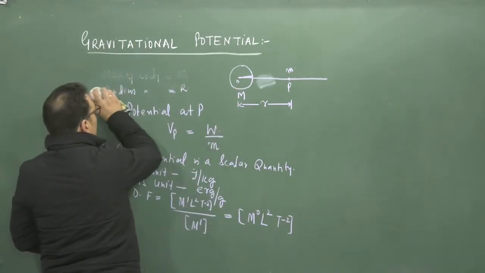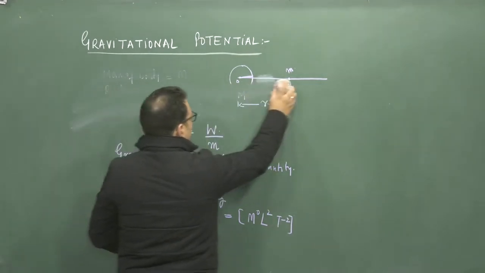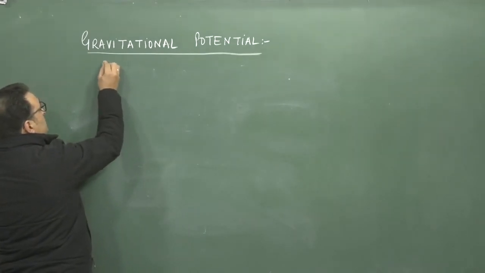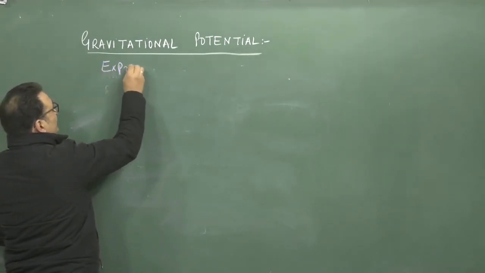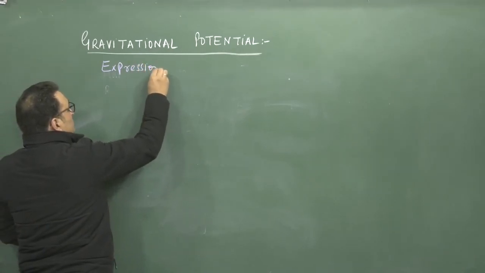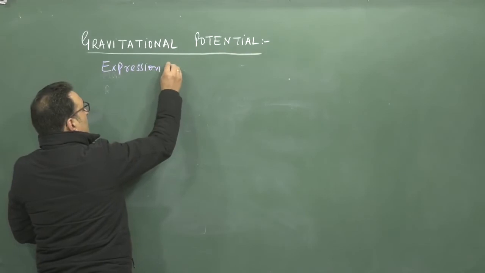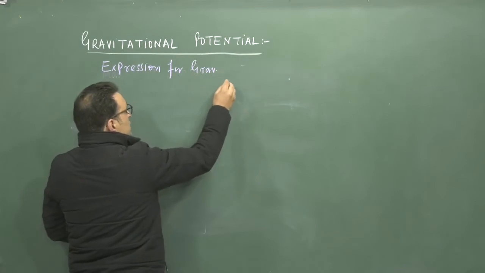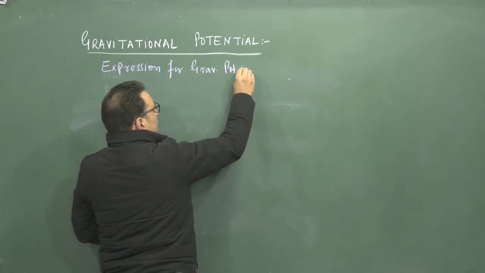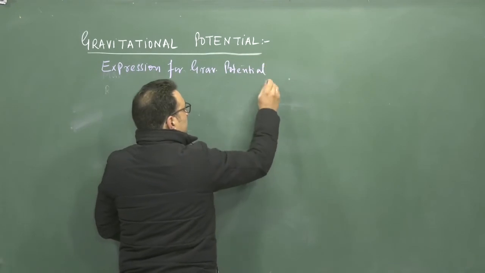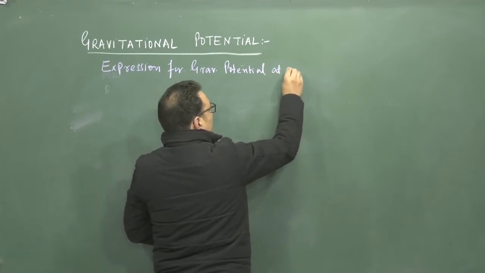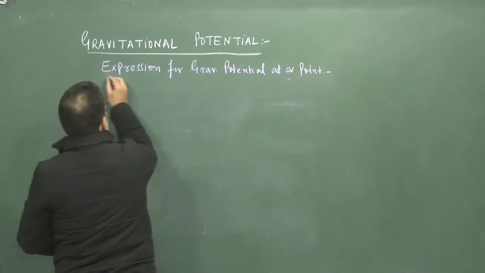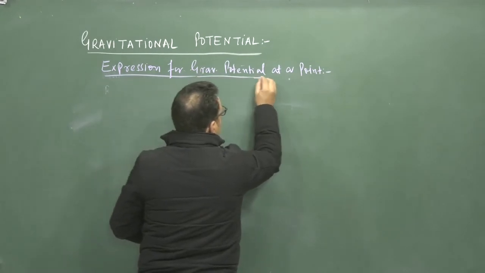Now let me derive the expression for the gravitational potential at a point.